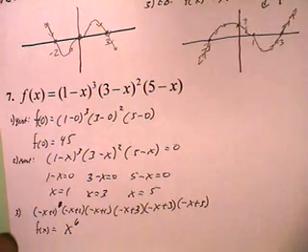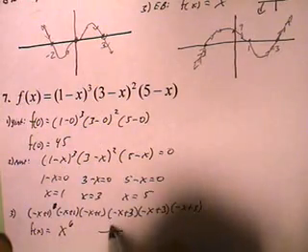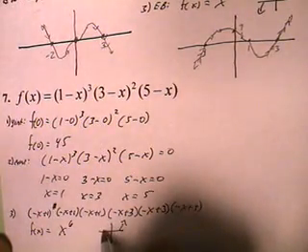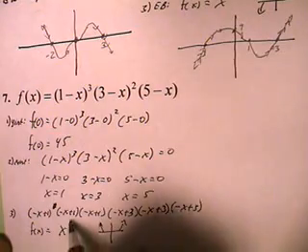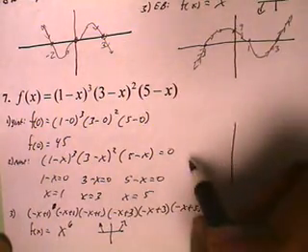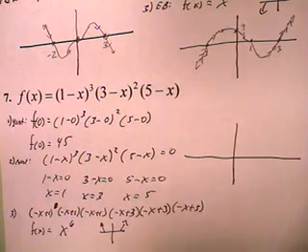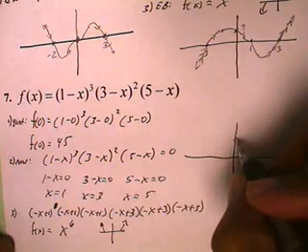Alright, and what remains is my graph. Oh sorry, that'll mean both ends will go up, since that's positive and even. So my graph will be based on my y-intercept, which is (0, 45). I'll put it here.